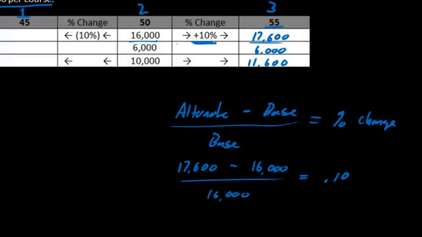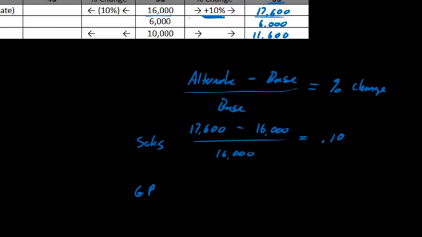So when your sales increase by 10%, what happened to your gross profit? What percentage increase did we have in gross profit? Well, let's calculate that. So this was sales, and now let's do gross profit. Our alternate was $11,600, and the base, we started out with $10,000, divided by the base $10,000.